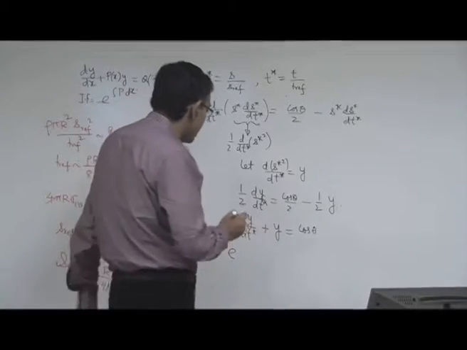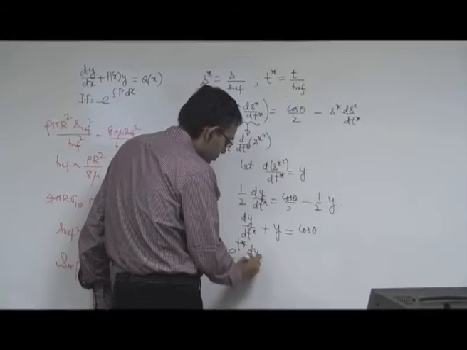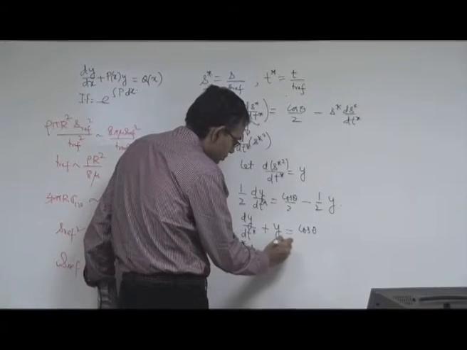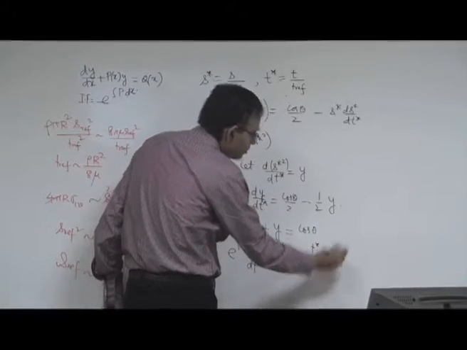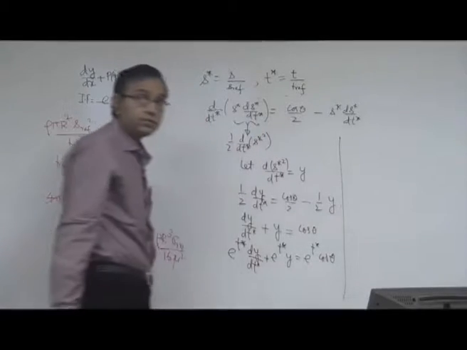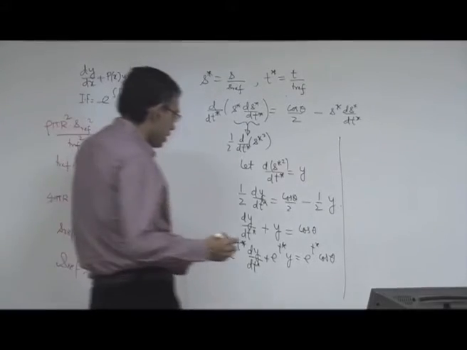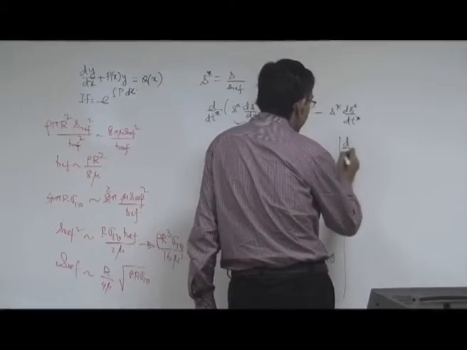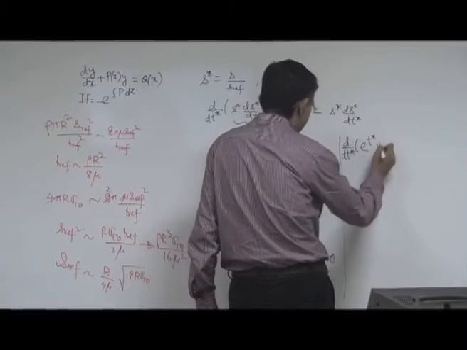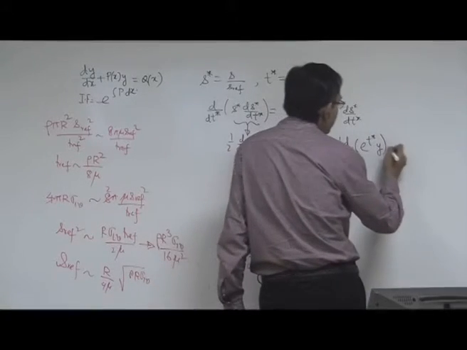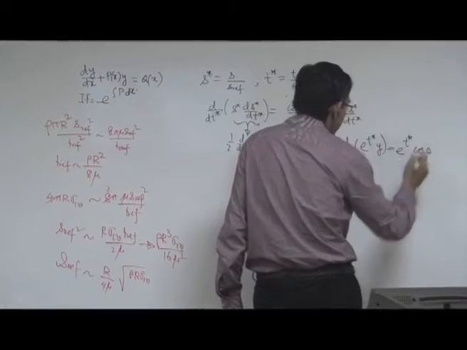So we multiply both sides by e to the power t star. So the left hand side becomes d/dt star of e to the power t star y is equal to e to the power t star cos theta.